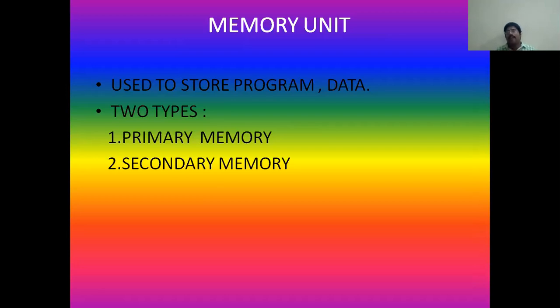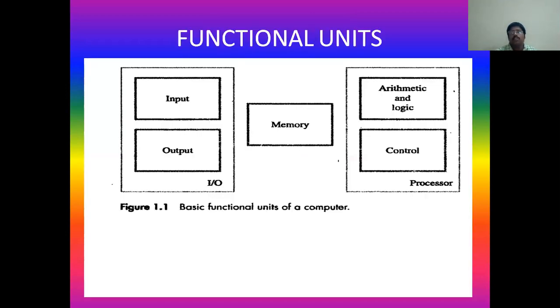Next, we have the ALU, the arithmetical and logical unit. What is meant by the arithmetical and logical unit? All the arithmetical and logical operations are performed in this particular ALU. How does it perform the operation?